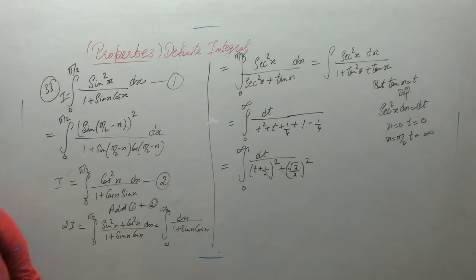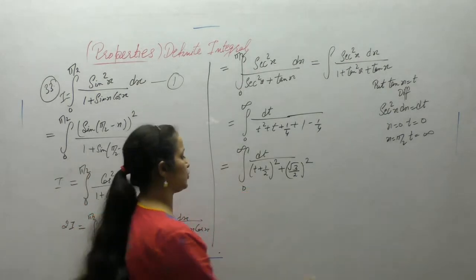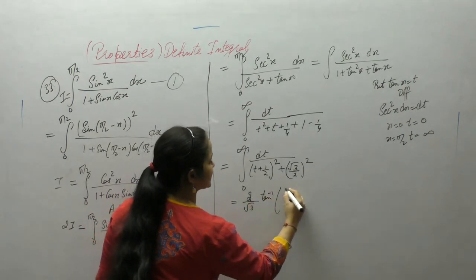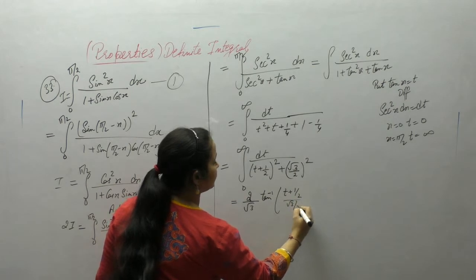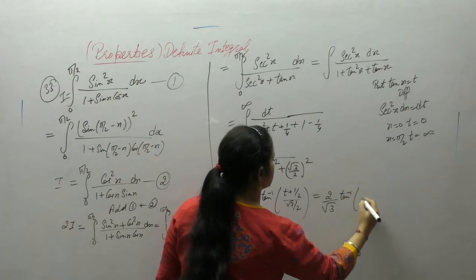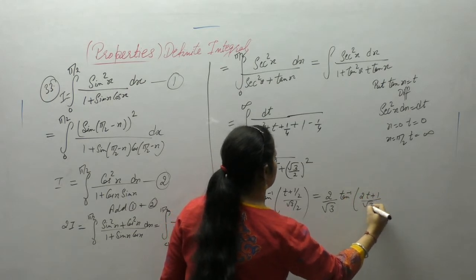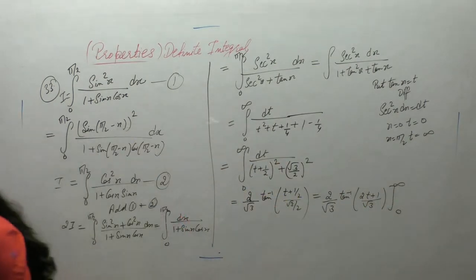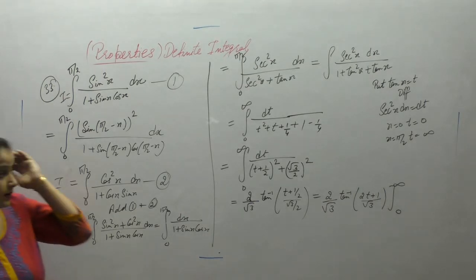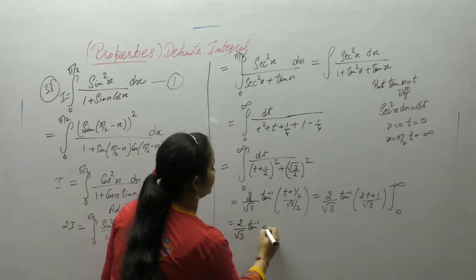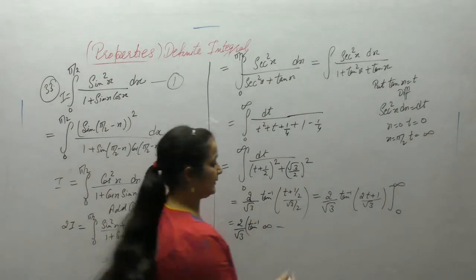Now the integral of 1 upon x square plus a square is 1 upon a tan inverse x upon a. So we get 2 upon root 3 tan inverse of (2t plus 1) upon root 3, with limit 0 to infinity. Tan inverse of infinity plus anything is infinity.